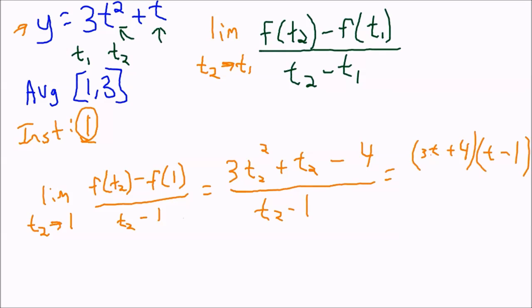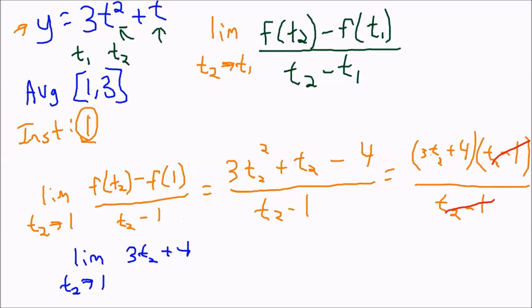I wrote t, but really this is t2. Now the denominator is t2 minus 1. So now we see I'm able to cancel these 2 terms. So this cancels with this, and I'm left with the limit as t2 approaches 1 of 3t2 plus 4.